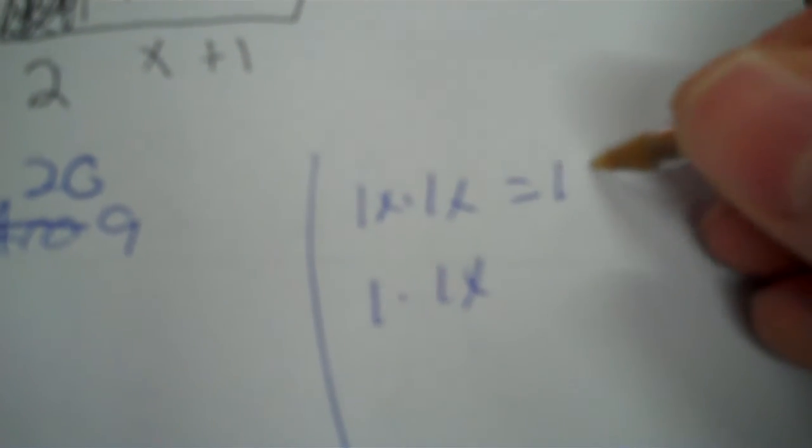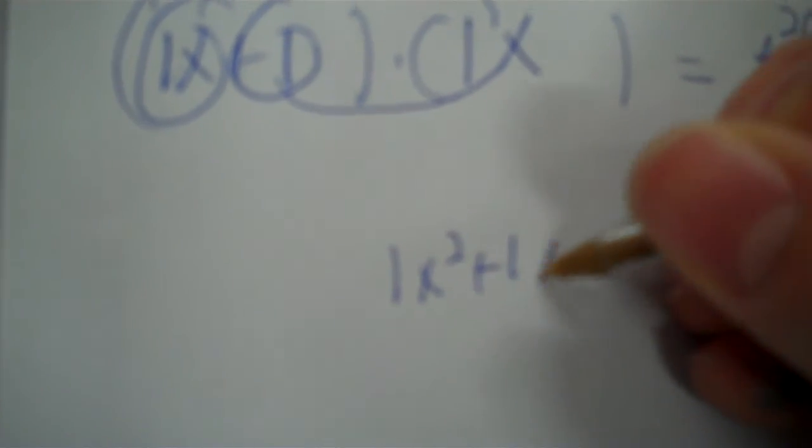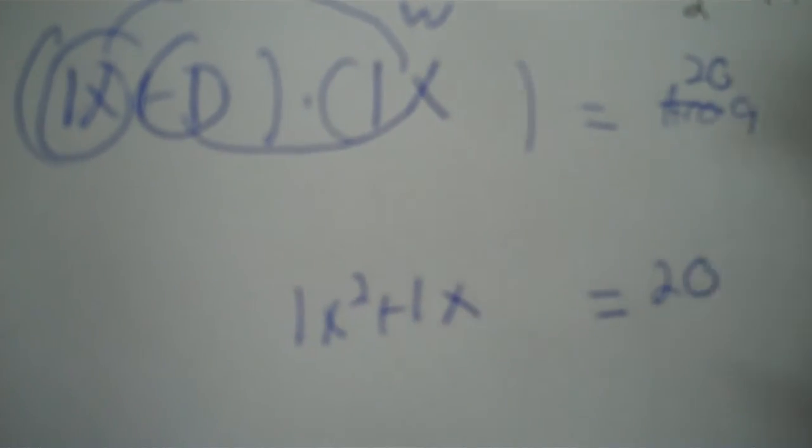Okay, so you distribute the 1x and the 1 separately. 1x to 1x, 1 to 1x. 1x to the second, 1x. So if you slot it, you're going to get 1 and 1. You can't combine those. So 1x to the second plus 1x and then 20.